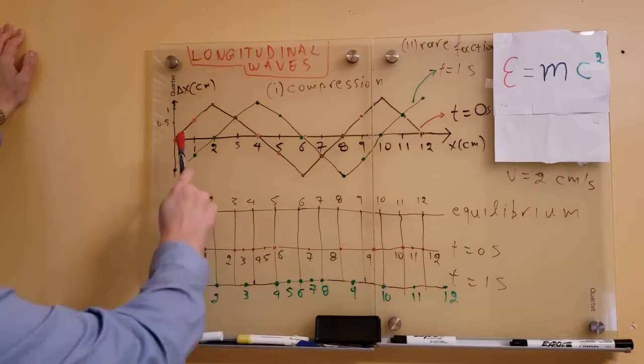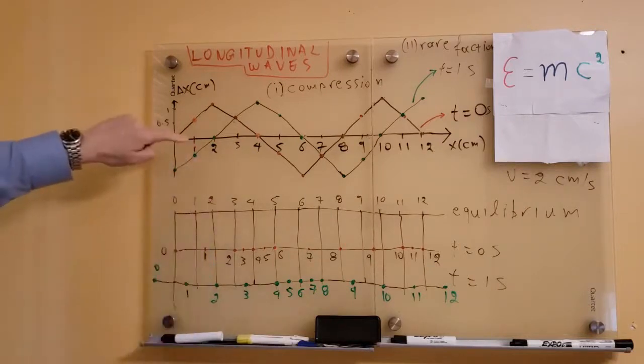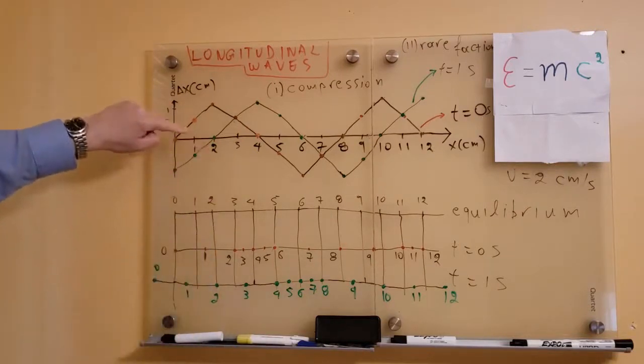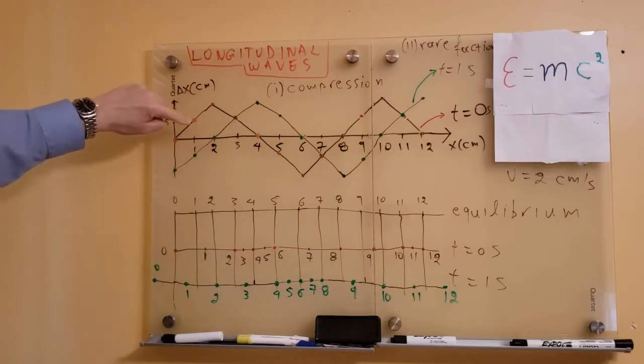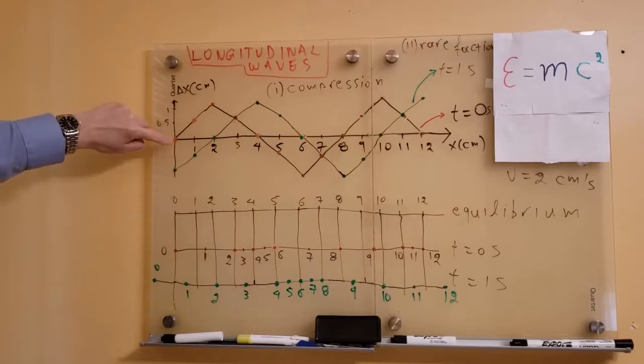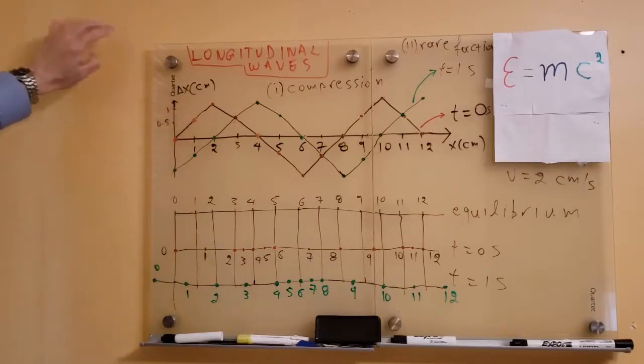So it's here. Particle 1, at t = 0, is at displacement 0.5. From here to here is 1, and here is 0.5.